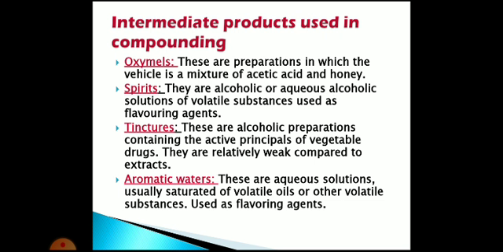They are relatively weak as compared to the extract. Aromatic water. Aromatic water is also an intermediate product, but these are aqueous solutions saturated with volatile oil or other substances. The aromatic water is used as a flavoring agent.